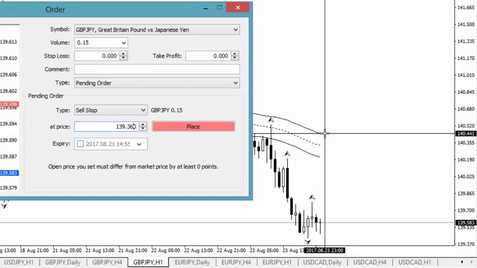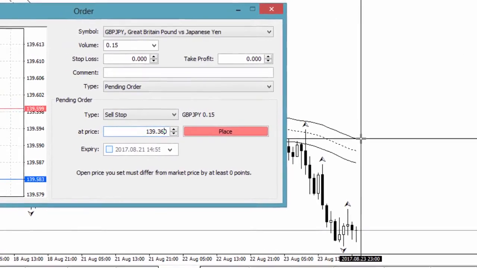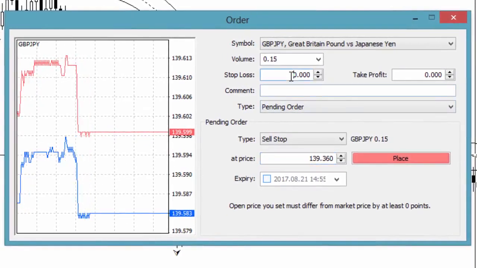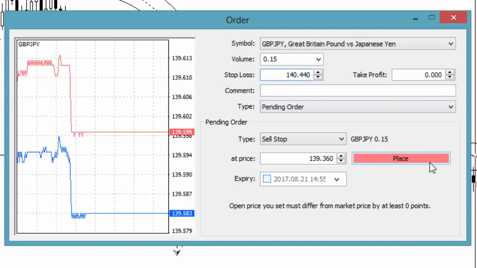And this is exactly what I'm going to be doing right away. At the moment, the 60 period simple moving average applied to prices high on this currency pair's 1-hour time frame is located at the 140.44 price level. Therefore, the initial stop loss order for the sell stop pending order is going to be placed at the 140.44 price level.